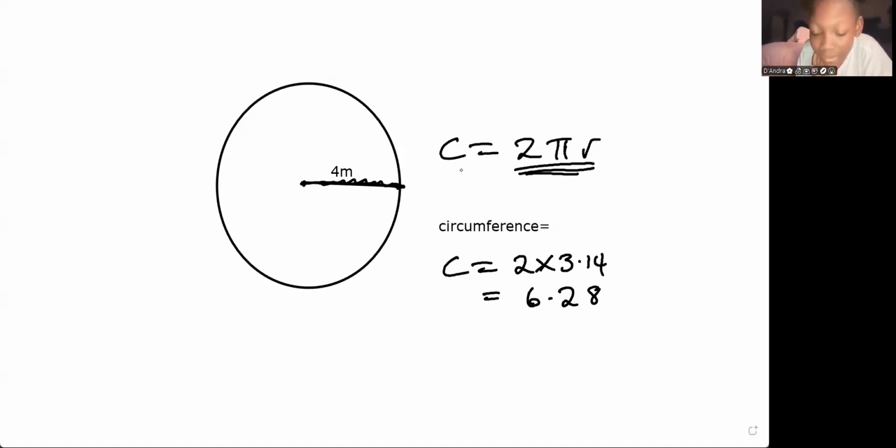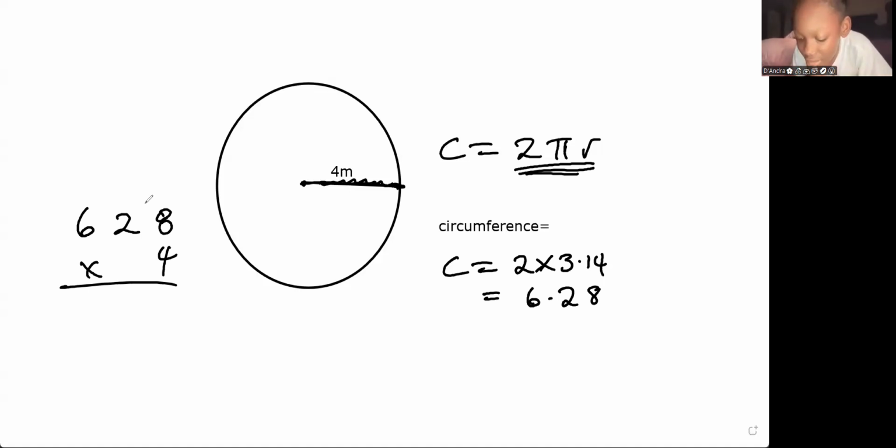And then I multiply that by the radius, which is 4. So 4 multiplied by 8 is 32. 4 times 2 is 8. You only say 4 times 8 is 32, carry the 3 and put down the 2.